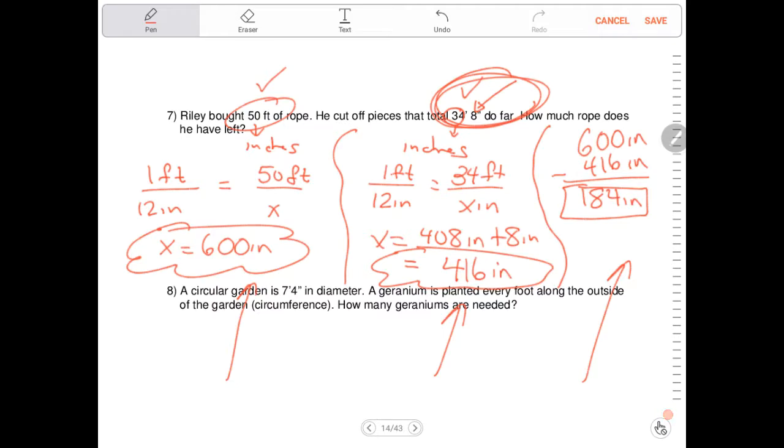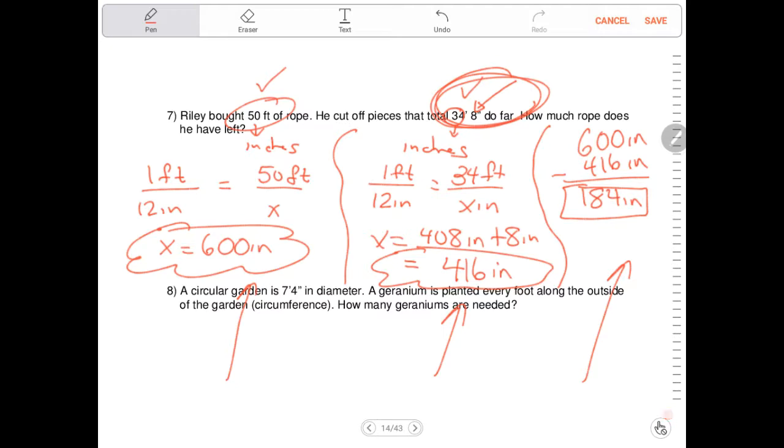So what you have to figure out is where are you going? Where do you want to switch into? When I did number 7, I took all my feet and changed it into inches for comparison purposes. Just so you know, you could have taken everything in feet and answered the question as well. So that is very, very kind of tricky.